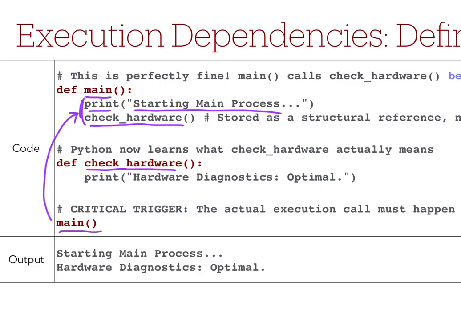And at that point, the Python interpreter will go inside of this check hardware function, and then it will try to run this code. Okay? So when you run this code, you will see the output from the first line of the main function first, and then that is followed by the statement generated by the print function of the check hardware function. Okay, that's how the output is generated in this code.